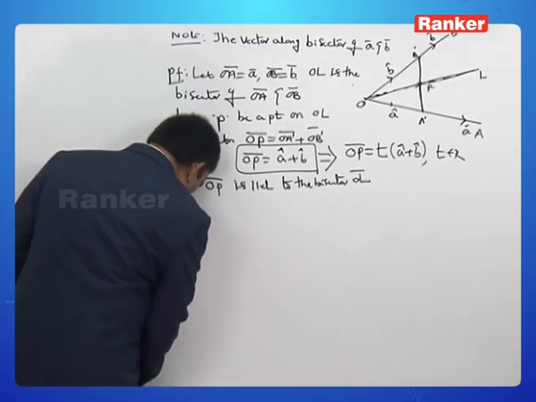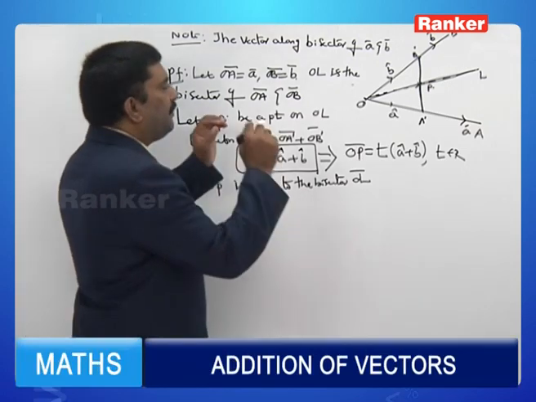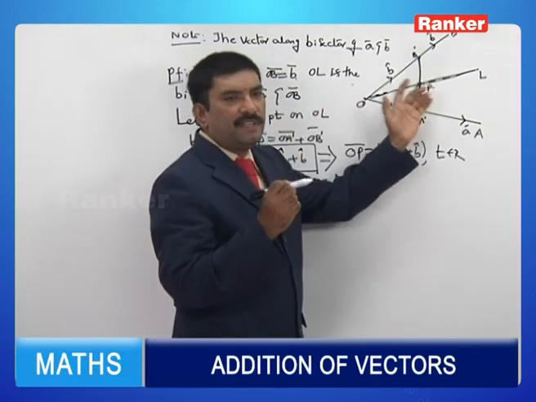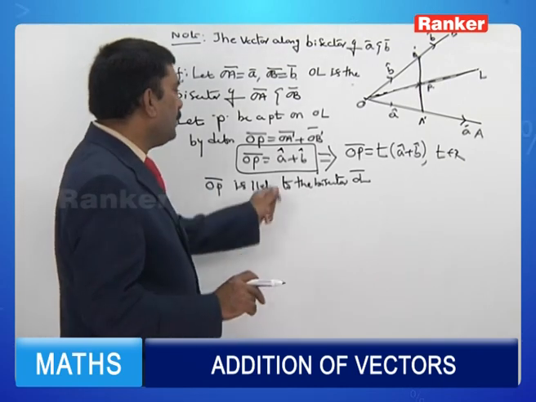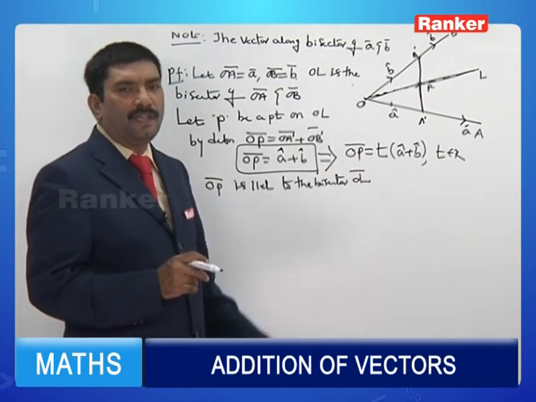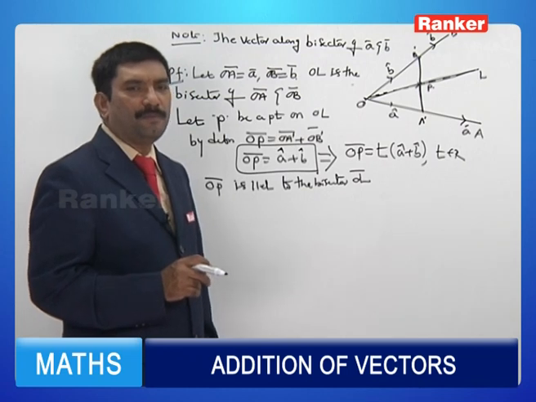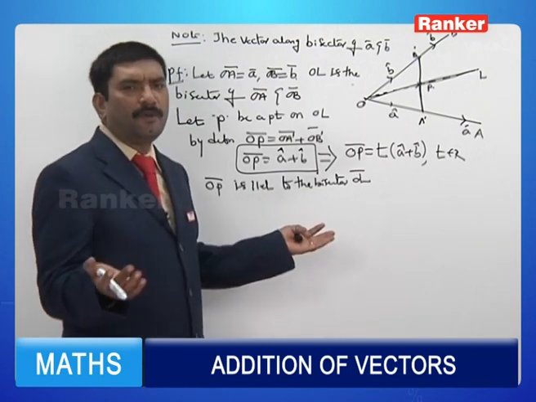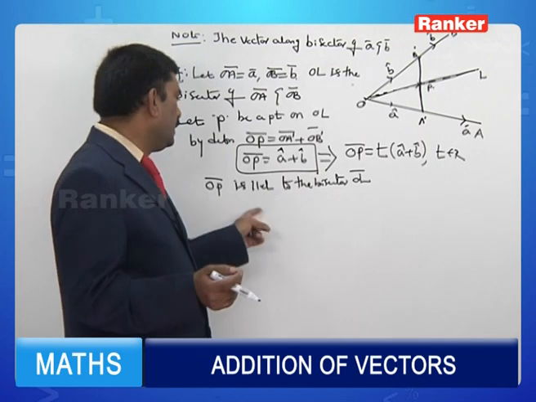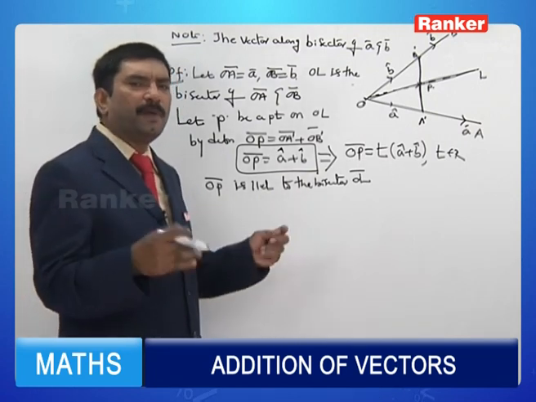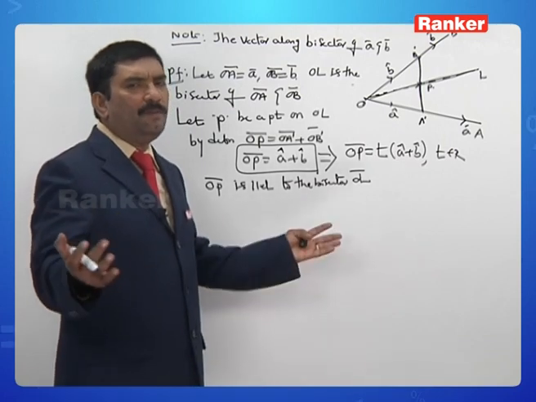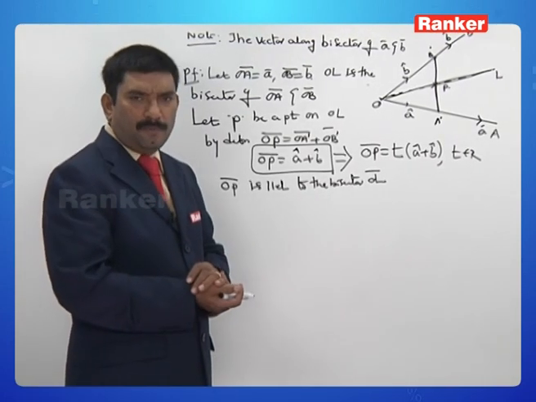Yes, today what we come across, the vector along the bisector of A bar and B bar is given to be T into A cap plus B cap. Is it parallel? It may be collinear with OL bar. OP bar is parallel to the bisector OL bar.